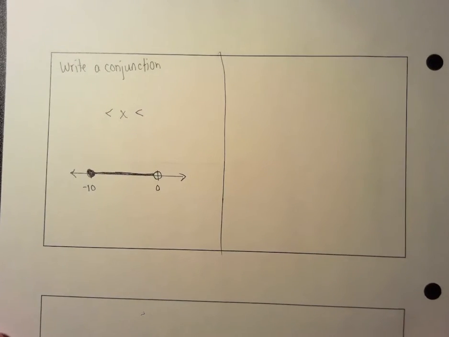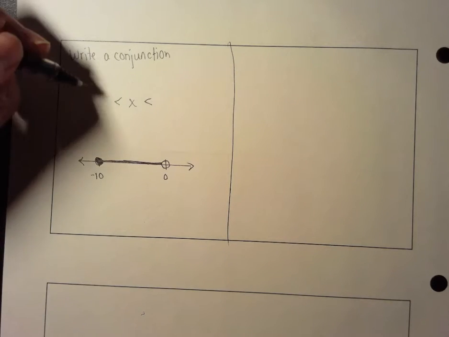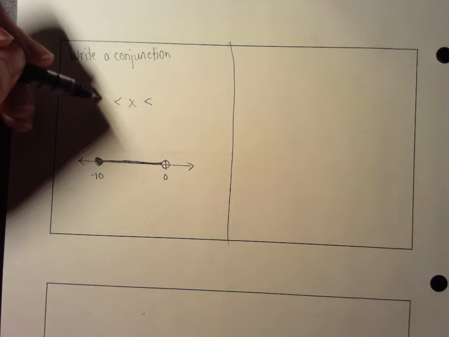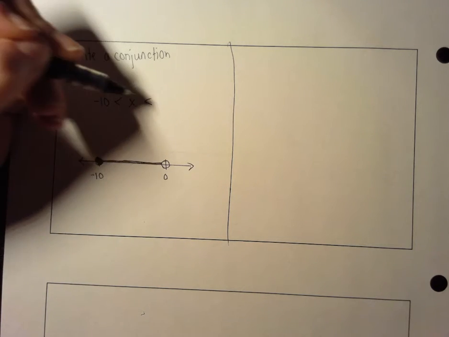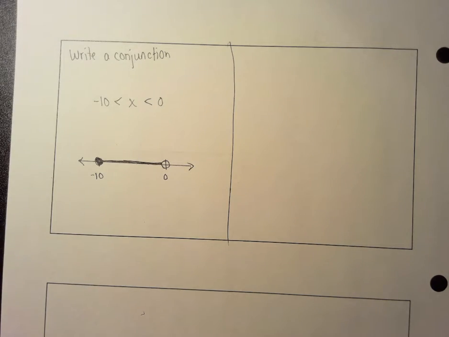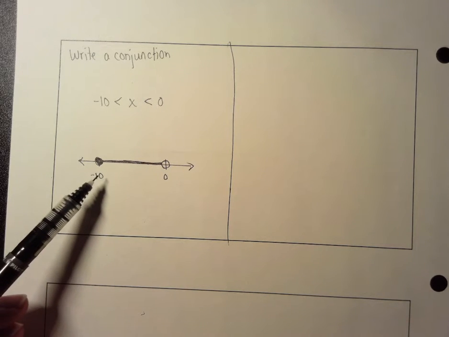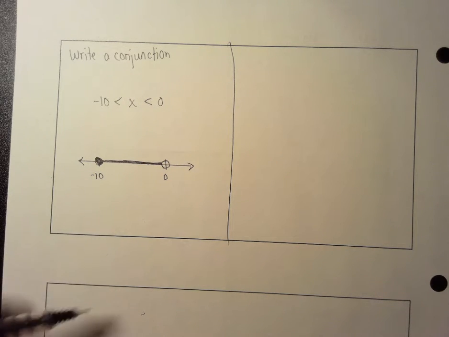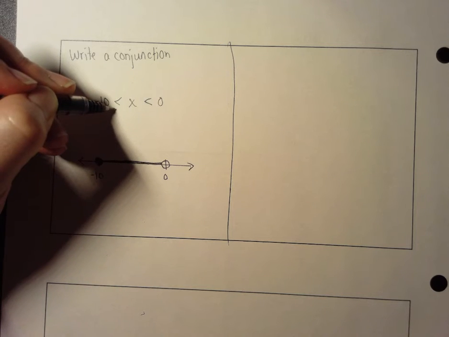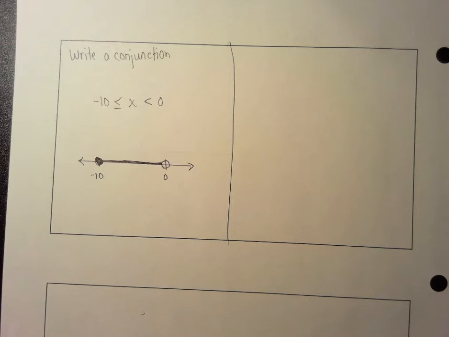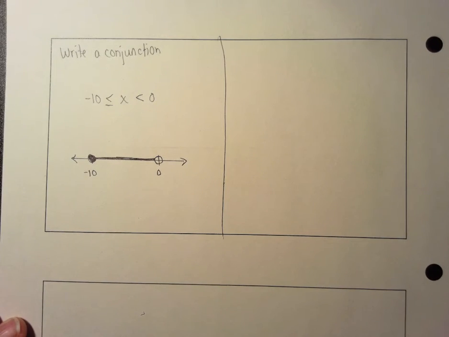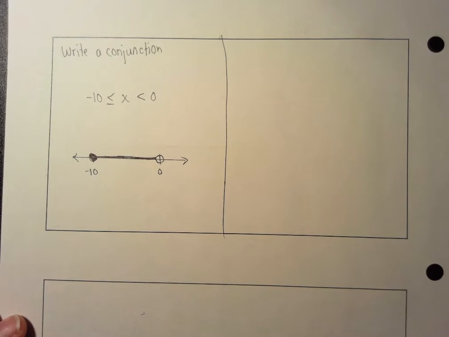However, one of these symbols is going to be underlined and one won't. We know that -10 is the smaller number and 0 is the larger number. And since -10 is bubbled in here, I know that -10 is included in my solutions. So I can underline that first inequality symbol, which makes it -10 is less than or equal to x, and then x is less than 0.